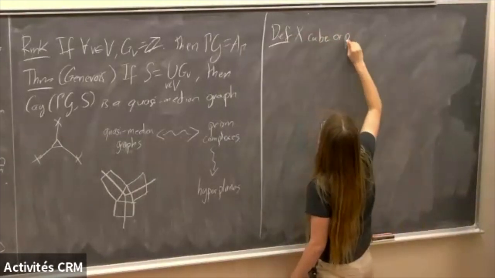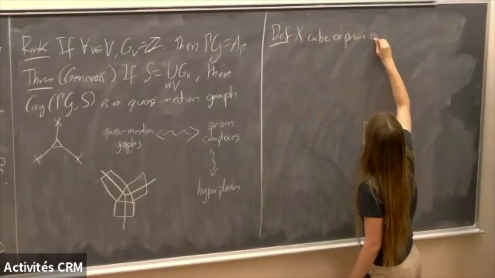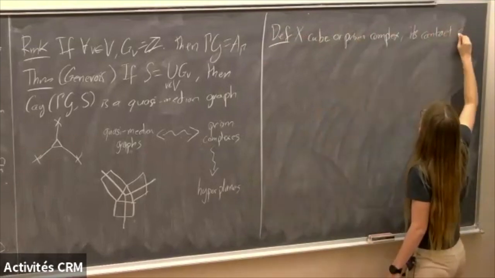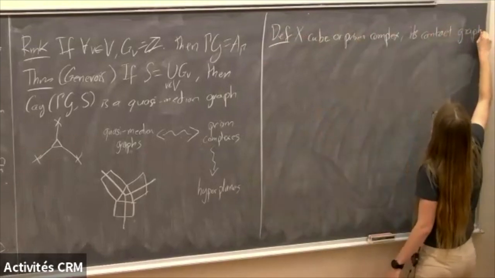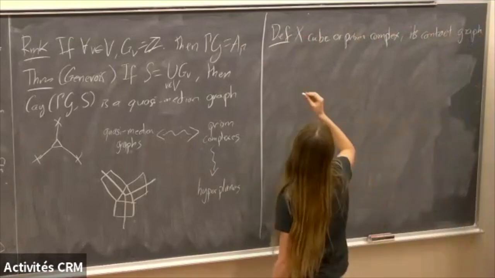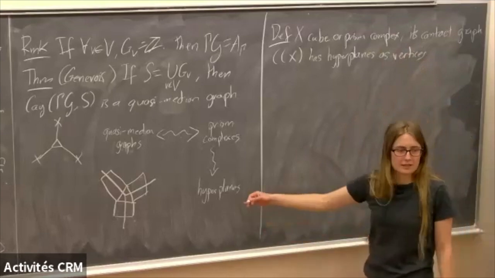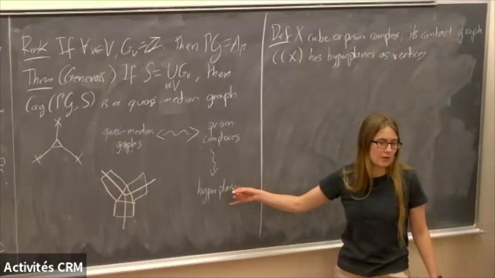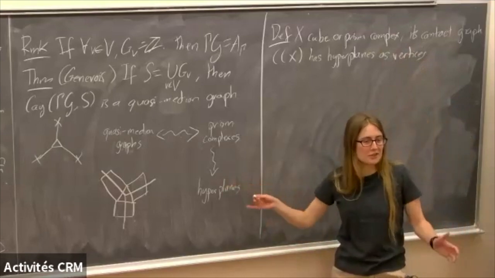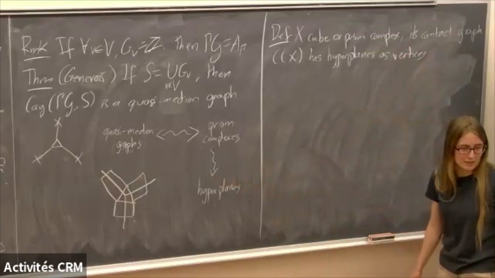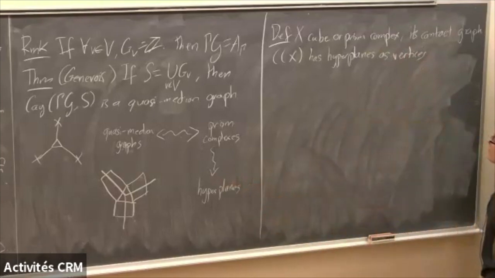So for a cube or a prism complex, its contact graph is the graph where the vertices are just your hyperplanes. I think you can define the hyperplanes without CAT(0); whether the thing that you get out is nice or has meaning probably depends on that.